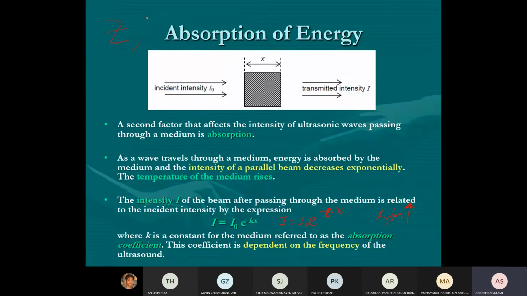Bone has a very high k or mu. That means the majority will be absorbed passing through the bone. For k and x, make sure the units are the same. If k is per centimeter, x must be in centimeters. Okay, any questions from here?